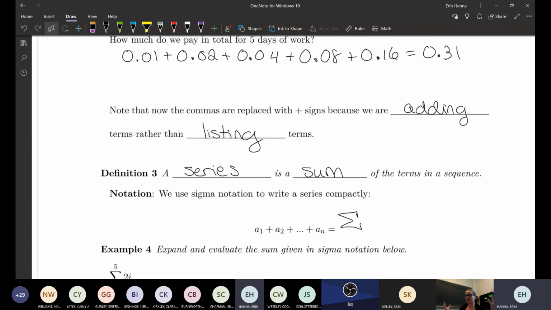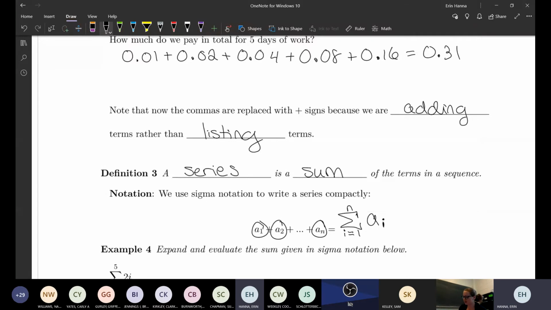We have this big sigma, which is why it's called sigma notation. All of these terms have a common layout to them. I could say a sub i. If I replace that i with a number, I start at 1 and go all the way up to n.